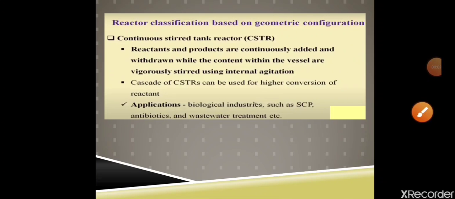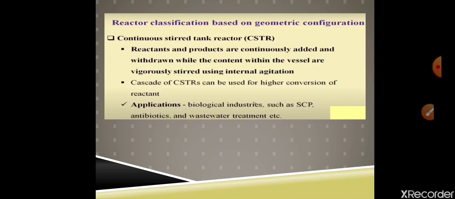Now the next is the continuous stirred tank reactor. This reactor is very easy to operate. The reactant and the product are continuously added and withdrawn, while the contents within the vessel are vigorously stirred using internal agitation. So the main purpose of putting the stirrer is to maintain the homogeneity of the reaction mixture.